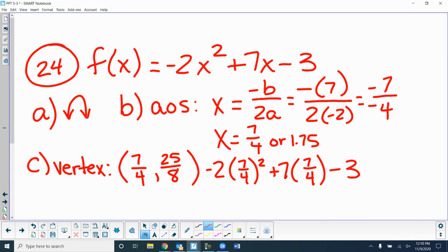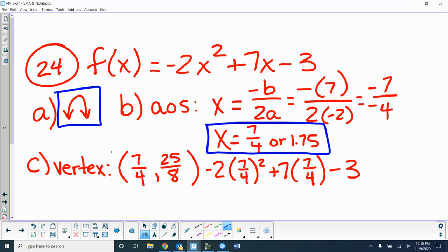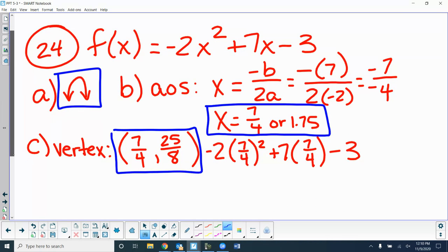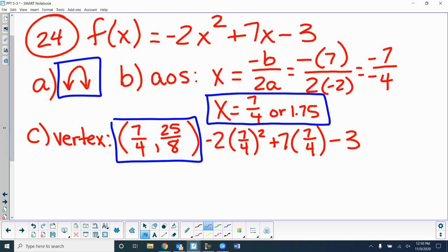Okay? So answers we're looking for so far. That's the A answer. This is the B answer. This is the C answer. Okay? D was very simple. It was the y-intercept.